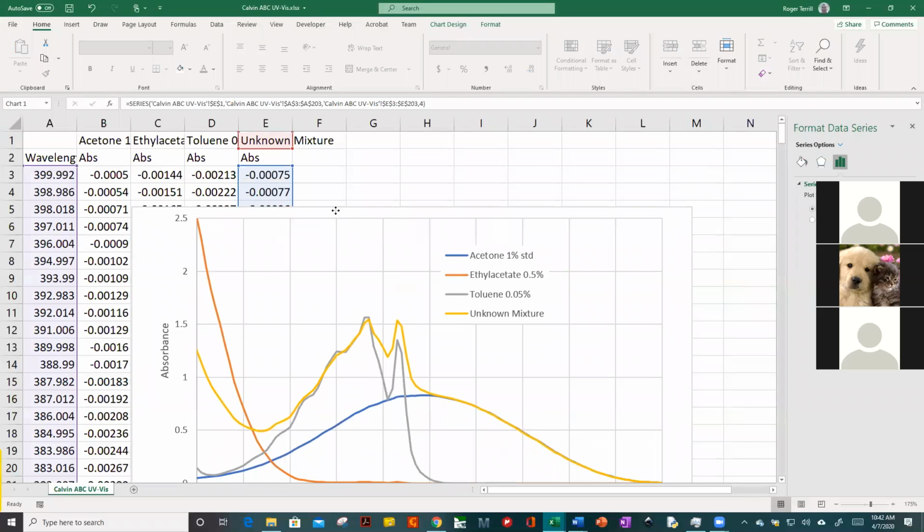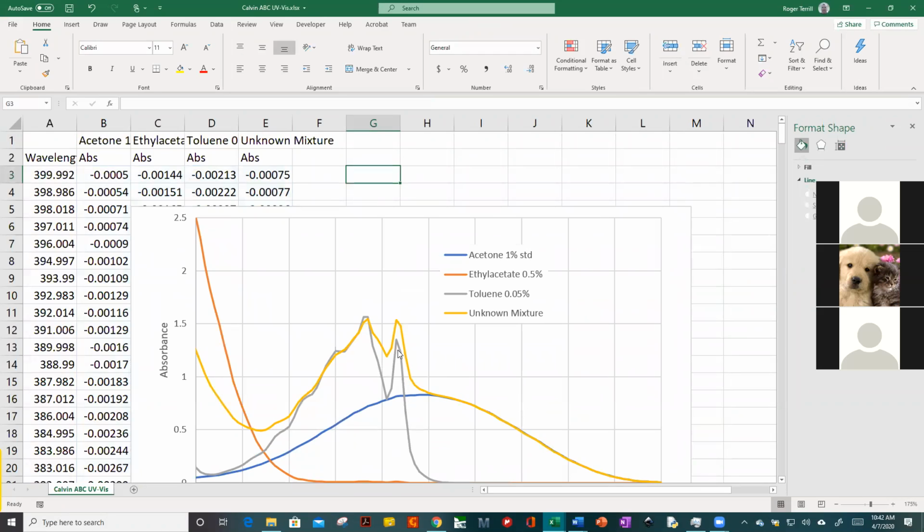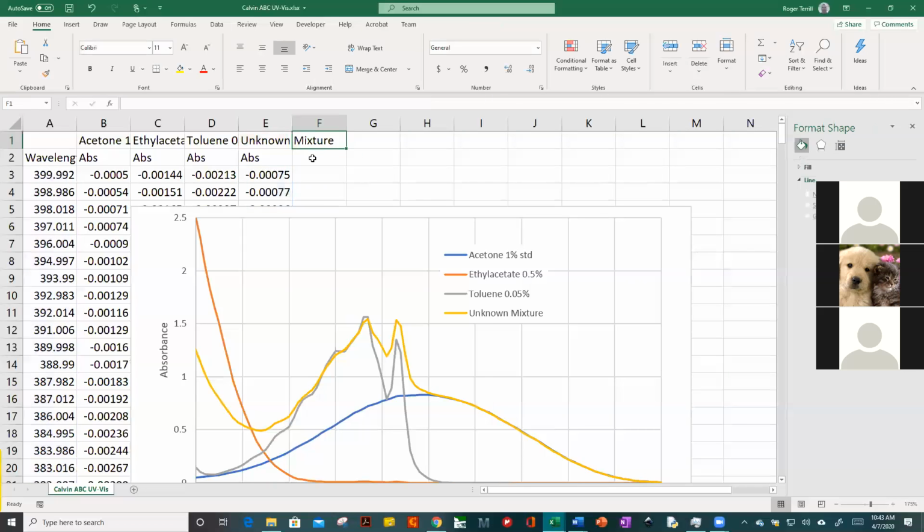Let me give it a try here. There's a mixture. Now let's make another one. That's the net absorption of the unknown minus the acetone.